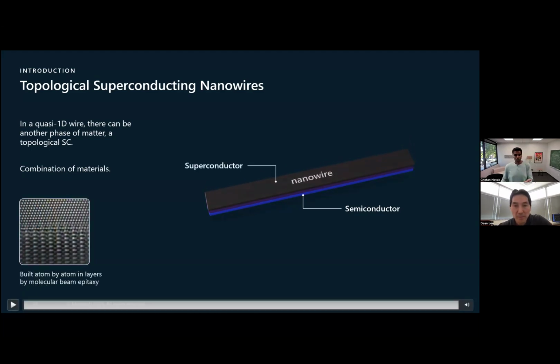What you have here is a transmission electron micrograph, an image taken not with light, but with electrons, that shows a nanowire like this, grown by a process called molecular beam epitaxy, which is grown atom by atom in layers. You can see here, in this case, the semiconductor is indium arsenide. So it's not silicon.